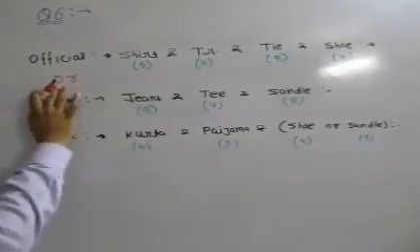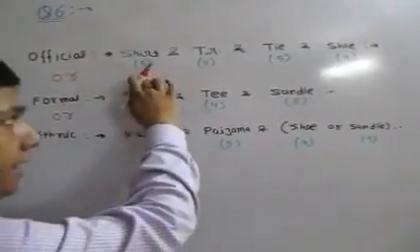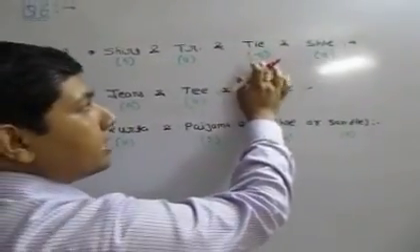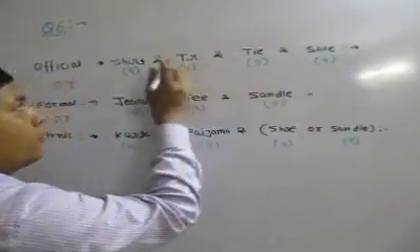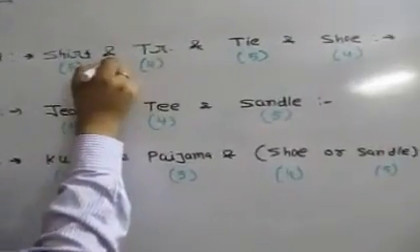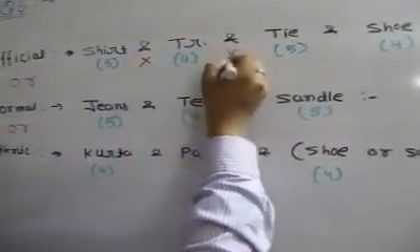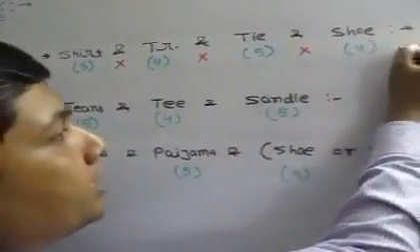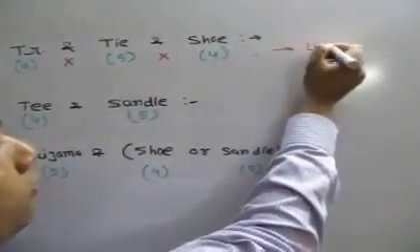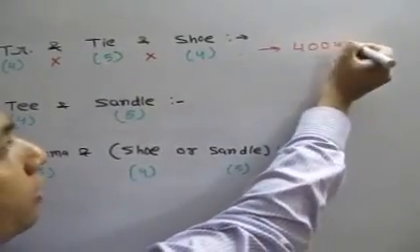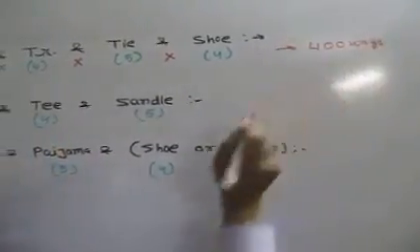If he selects the official dress code, then he has to take shirt and trouser and tie and shoe. So the total number of ways is 5 into 4 into 5 into 4, that is 400. That means in 400 ways he can select his official dress.